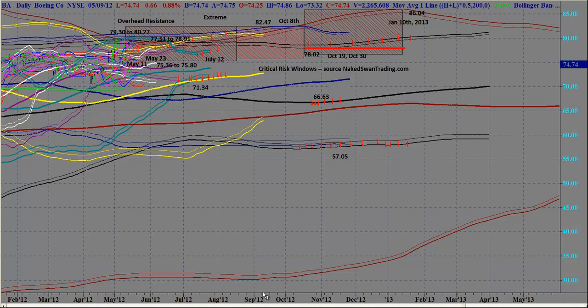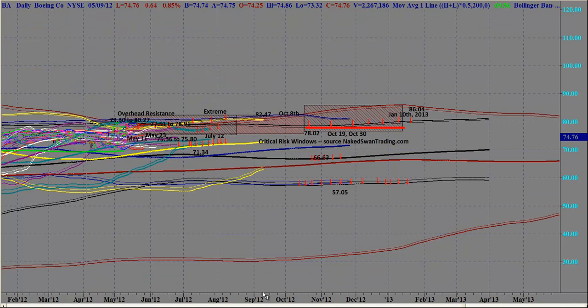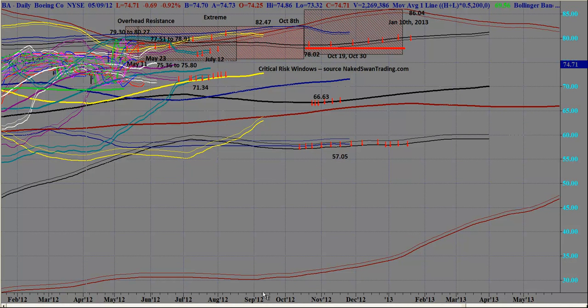It's going to be highlighting Disney, General Electric, Minnesota Mining, Nordstrom, Macy's, the XLY Discretionary Index, as well as Ingersoll Rand, and as well as the Home Builders Index.